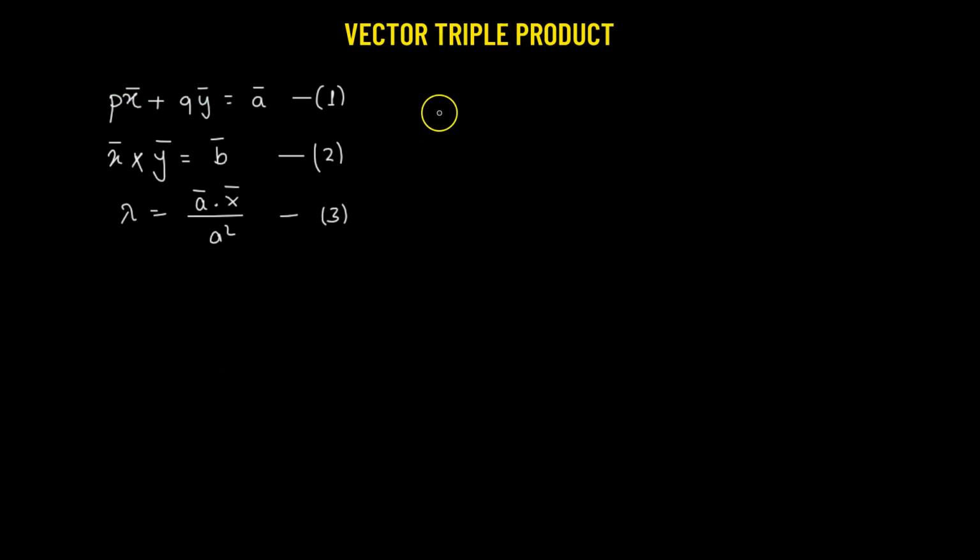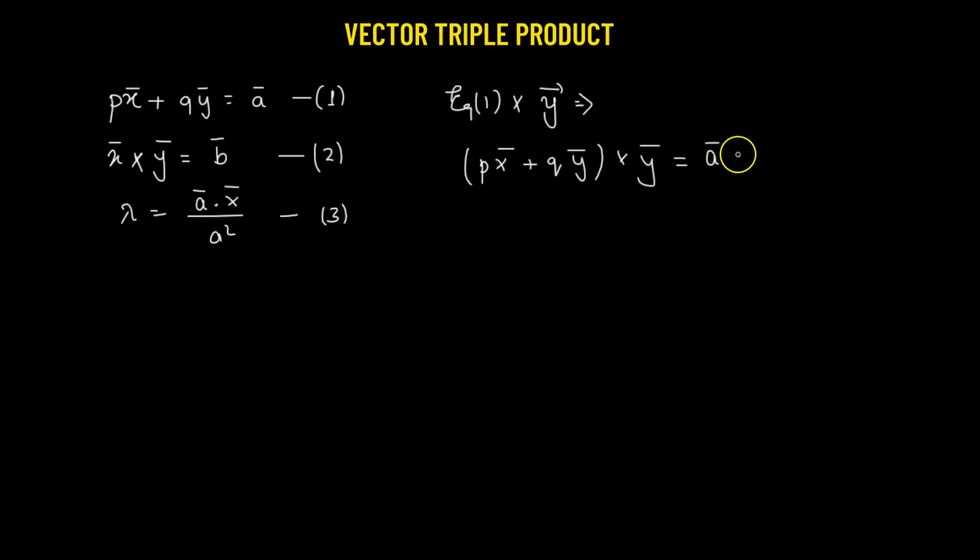Earlier, when we were trying to find the expression for the x vector, we took the cross product with the x vector. This time we'll consider equation number 1 and cross it with vector y. So we have p x vector plus q y vector, and we take the cross product with vector y. This will be vector a crossed with vector y.